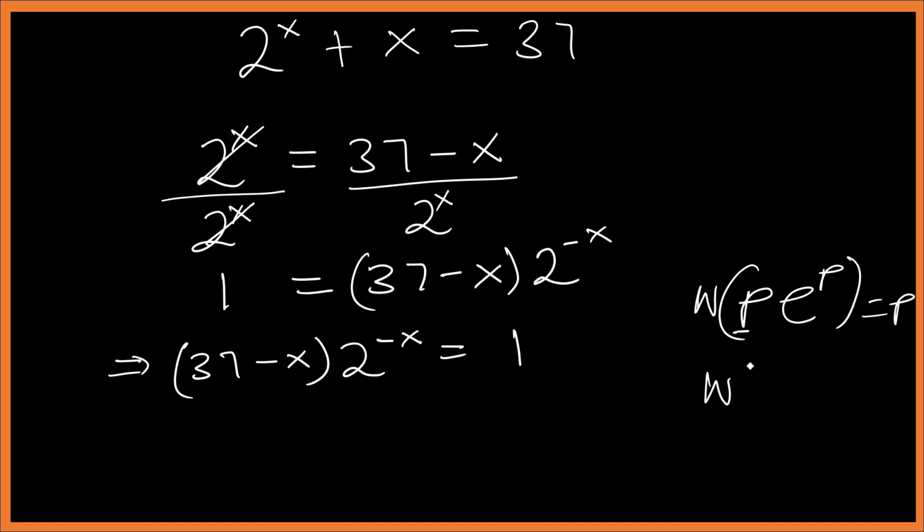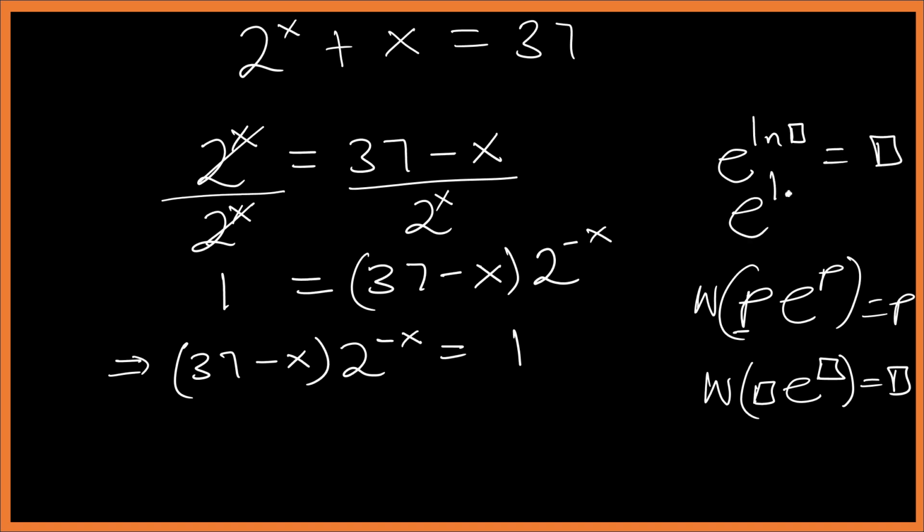When we're given W function of box times e raised to box, the answer is box. Now let's jump into the natural log functions. Anytime you raise e to ln of something, we get that thing. So e raised to ln of p is p. So we know this, we know that.